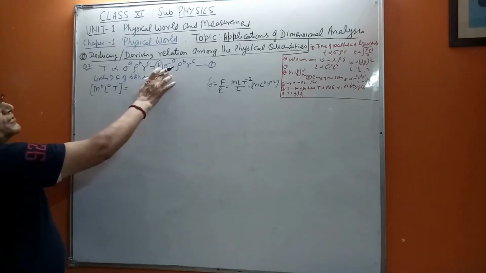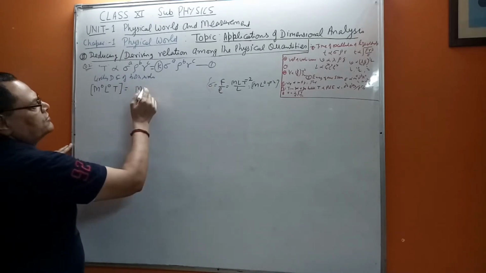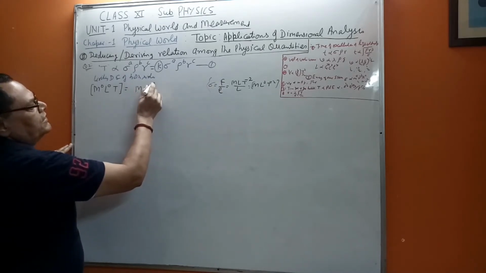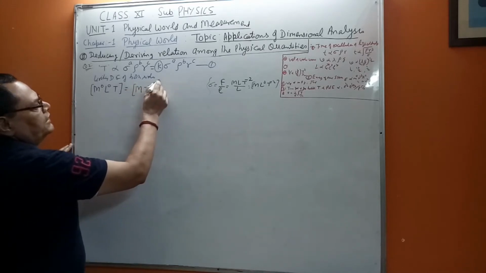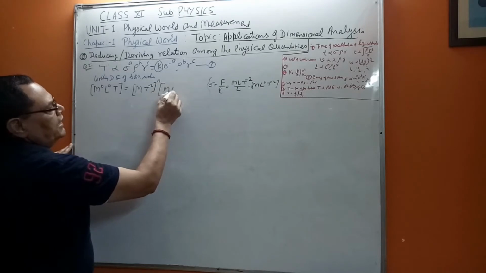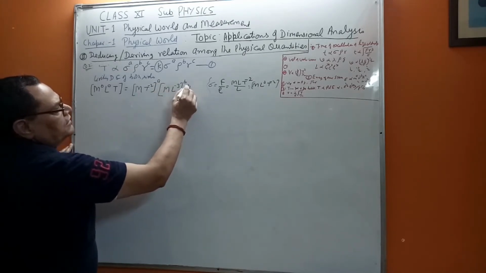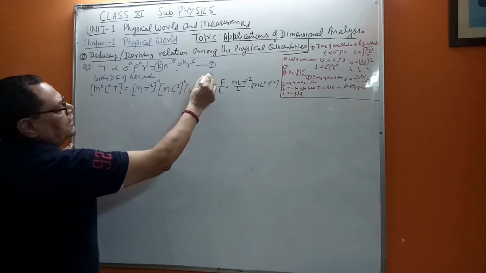So the surface tension has the dimensions M T^-2, raised to power a. Now density is mass upon volume, so this is M L^-3 raised to power b, and R is L, raised to power c. Clear?